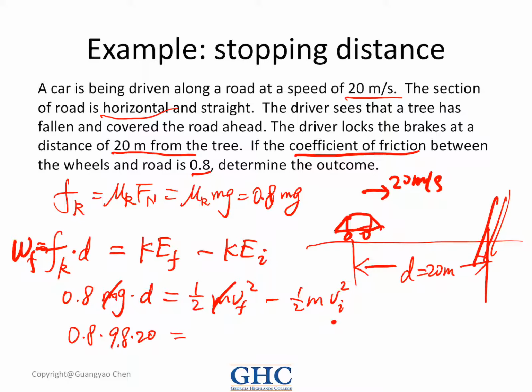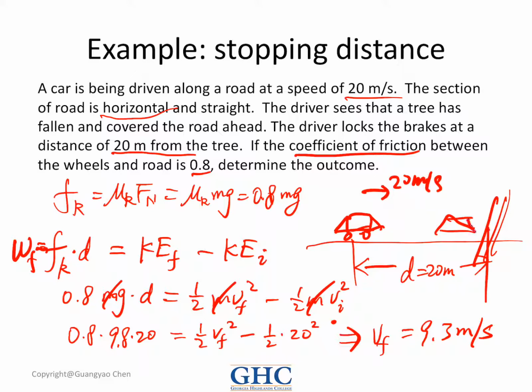And we can eliminate m from each term because each term contains m. 1/2 vf squared, subtract 1/2 times 20 squared. If you solve it, you find your vf is 9.3 meters per second. So from the work done by friction, the car still has 9.3 meters per second when it has traveled 20 meters. So the car will bump into the tree. Hope those examples would be helpful for your exam 3, and good luck on your exam 3.